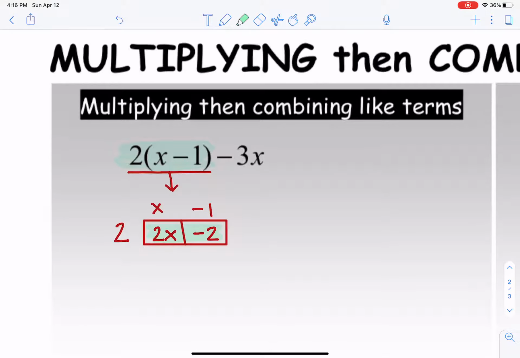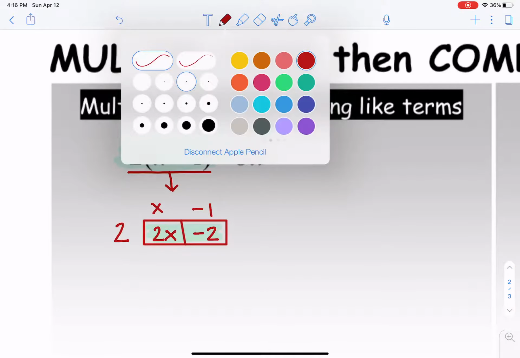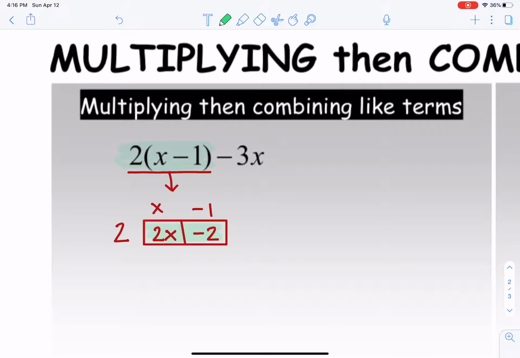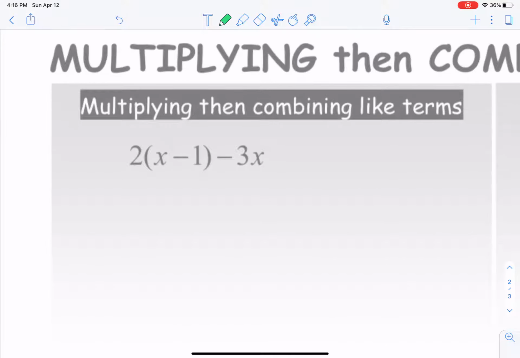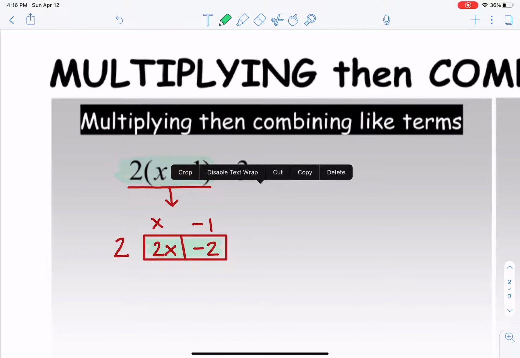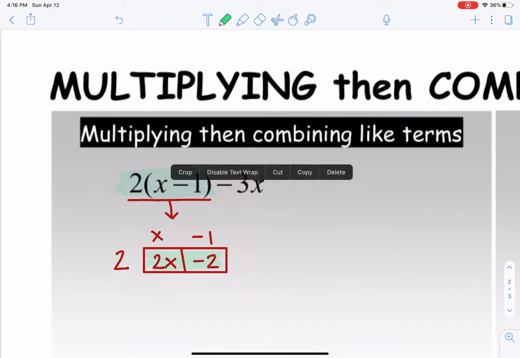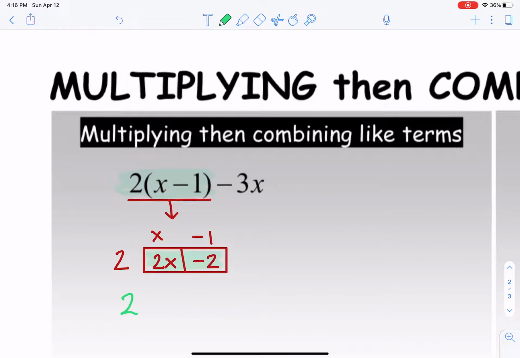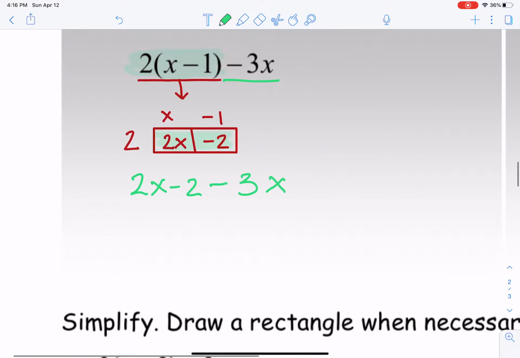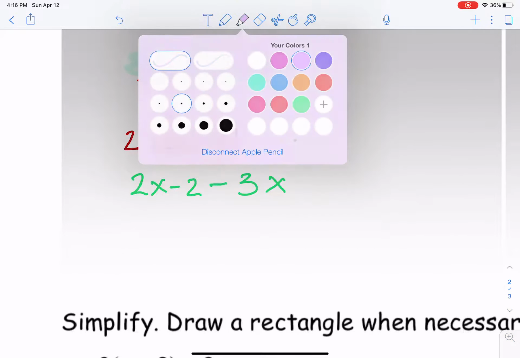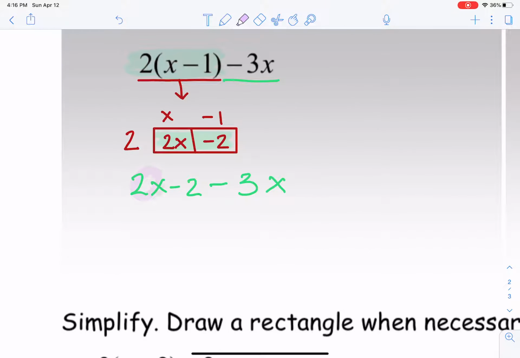Okay, so now I can rewrite this as 2x minus 2, don't forget that minus 3x. Now I can combine this 2x here and this 3x.